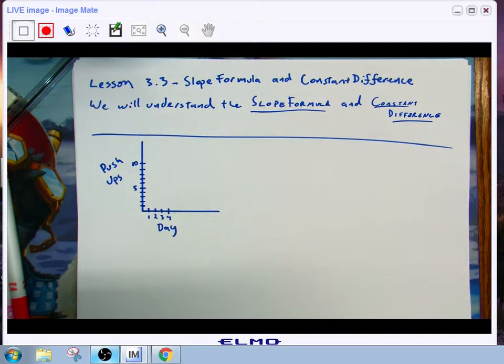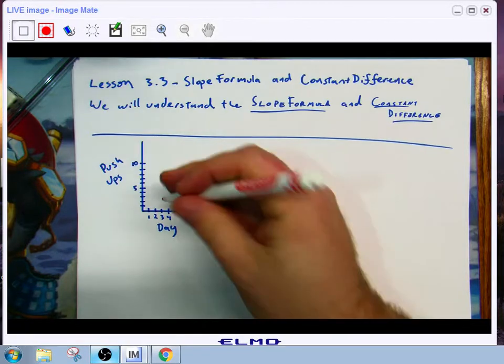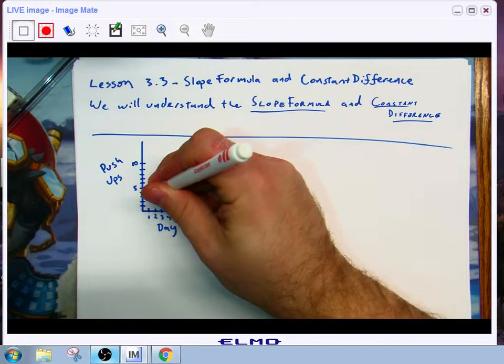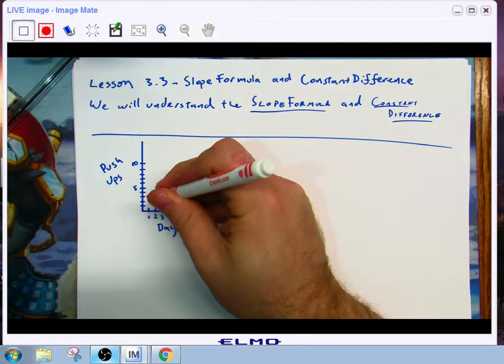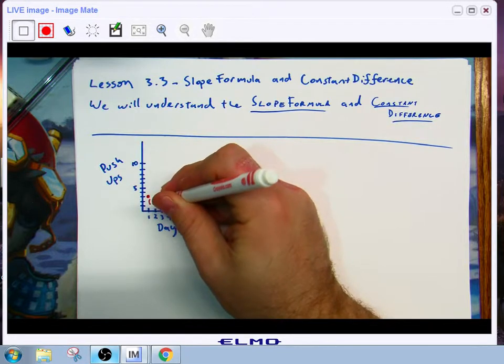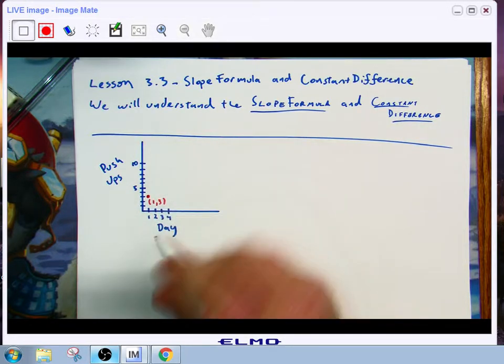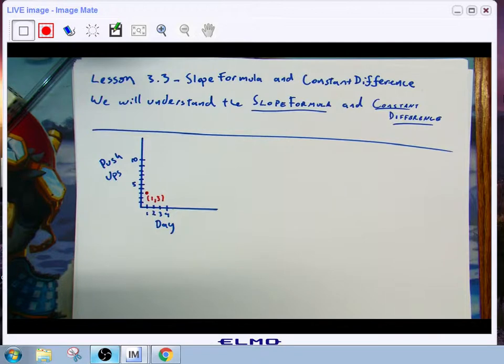When we look at our homework, we see on day 1 he did 3 push-ups. If I write this as an ordered pair, I'd say 1, 3. I did that in red.